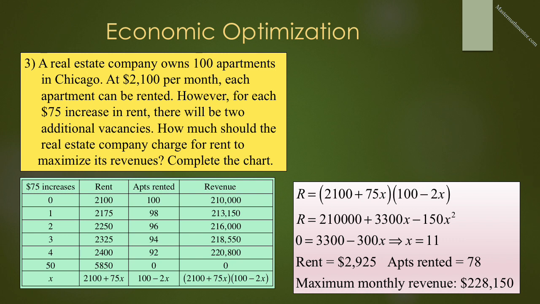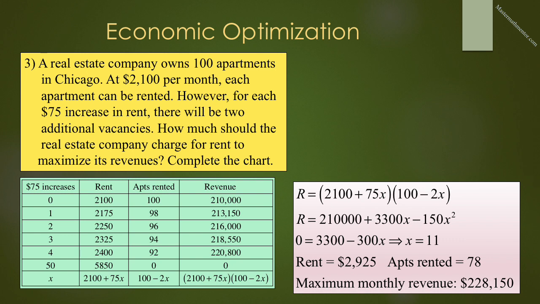That means that the rent will be 2,100 plus 75 times 11, and it goes up to 2,925, meaning that the number of apartments rented will be 100 minus 2 times 11, or 78.